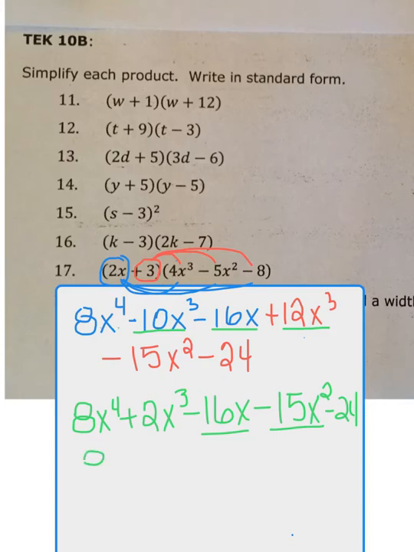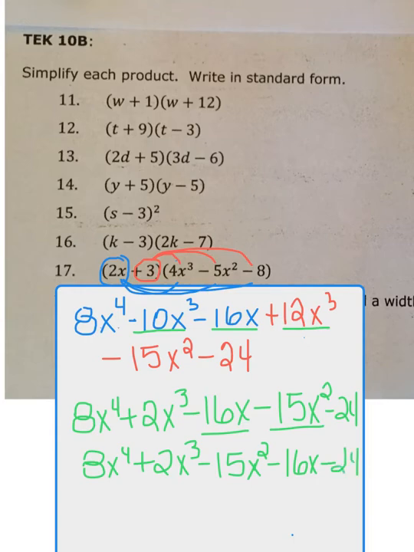So here's my standard form. 8x to the 4th plus 2x cubed minus 15x squared, there we go, minus 16x minus 24. So now I have them all in order, decreasing powers.